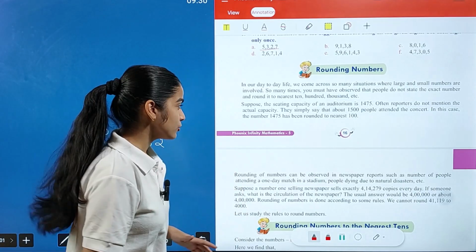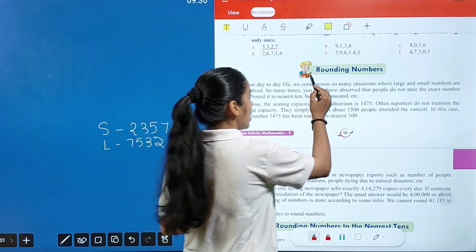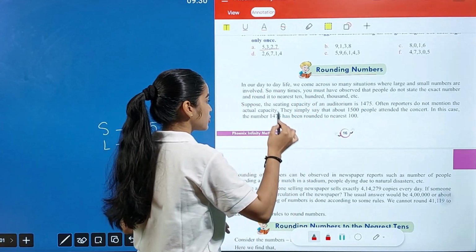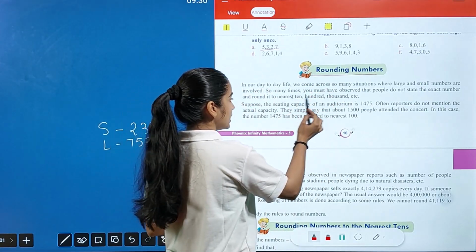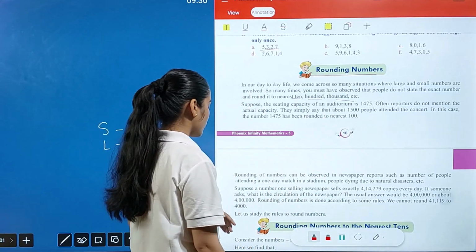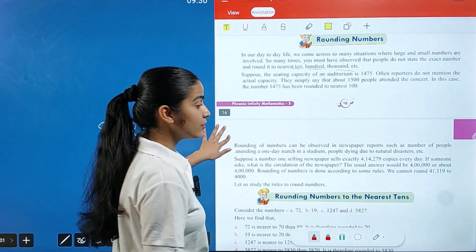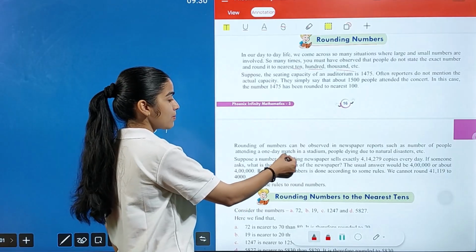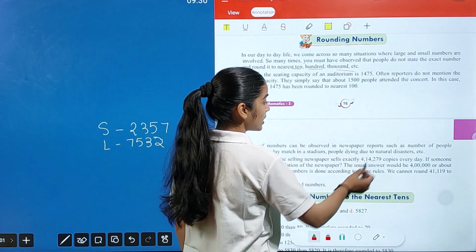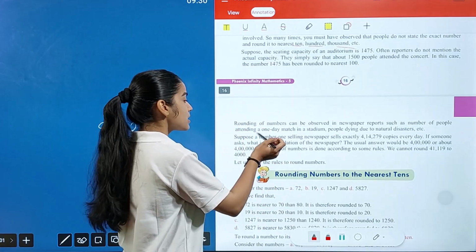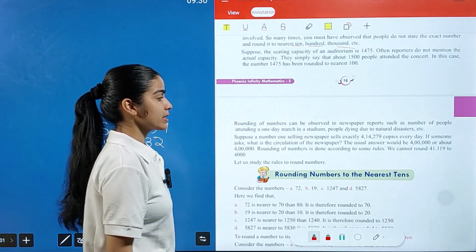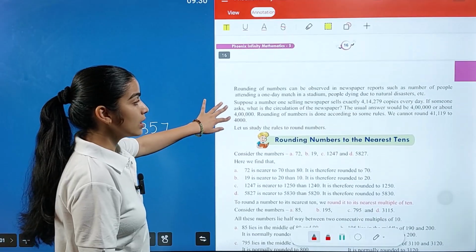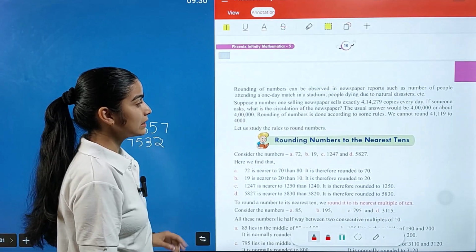So when we talk about rounding off numbers, we are shifting our numbers to the nearest 10, 100 and 1000. For example, rounding of numbers can be observed in newspaper reports, such as the number of people attending a one-day match in a stadium, people dying due to a natural disaster, etc. Suppose a number one selling newspaper sells exactly 4,14,279 copies every day.